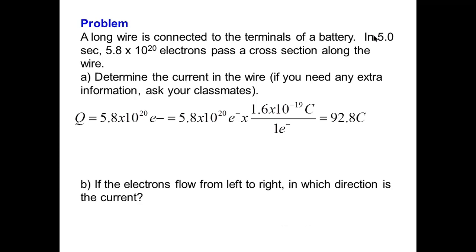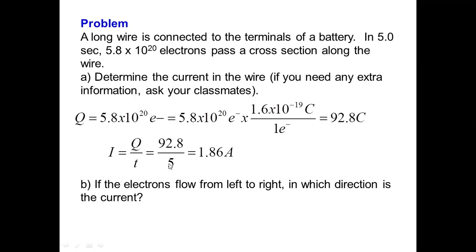Q is the charge, equal to N, the number of electrons, times the charge of one electron, which is 1.6 exponent minus 19 coulombs. Multiplying, the answer for Q would be 92.8 coulombs.